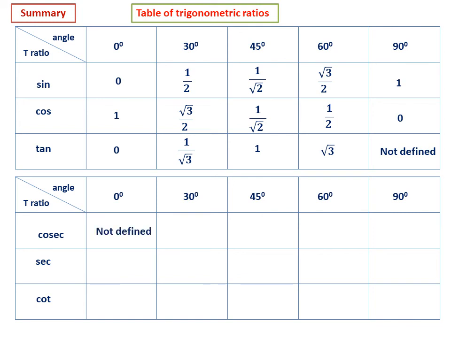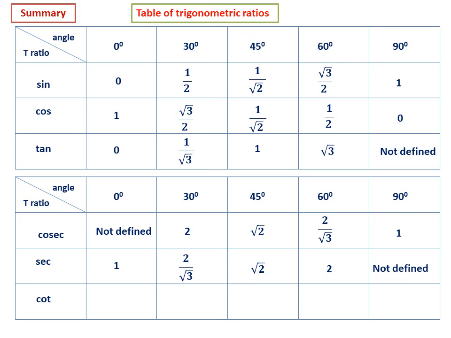What you have to do now: the first one is not defined because it is 1 by 0, the second one becomes 2, the reciprocal, the third one becomes root 2, the next one becomes 2 by root 3, and the last one is 1. Once you write this one, for the second one you need not worry, just write it in the reverse order. So the first one is not defined, the second one is 2, the third one is root 2, the next one is 2 by root 3, the next one is 1, in the reverse order.